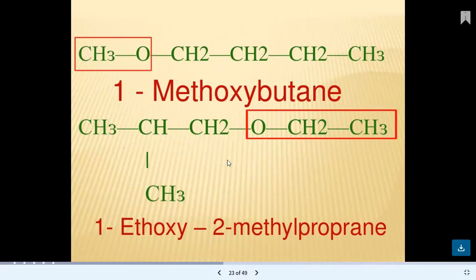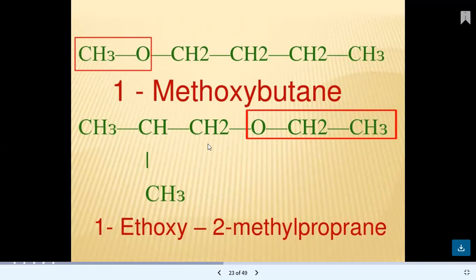In this case, look at this. Please notice this. You have a propane here. This is the longest chain. You will have an ethoxy here. It is ethoxy because you have two carbons attached to the ether here, to the oxygen here. And then it also has a methyl in carbon number 2.